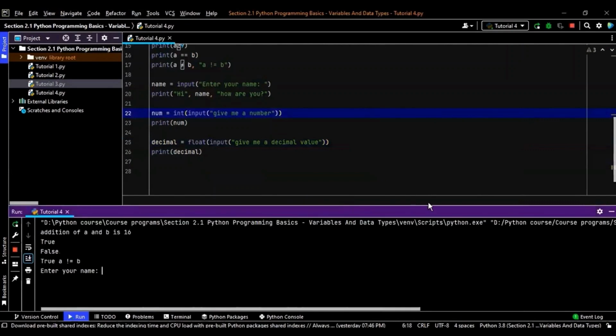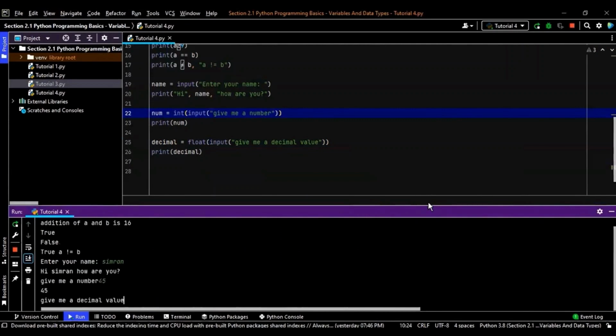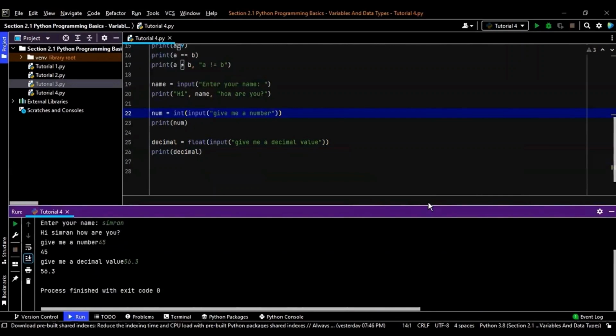Now if I try once again, and now it's asking me for a decimal value, I can give it any decimal value, and it will give me the number back again. So this is how we can take an input as a string, as a number, or even as a decimal.